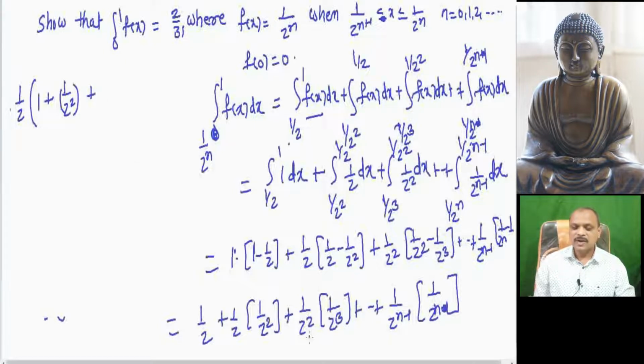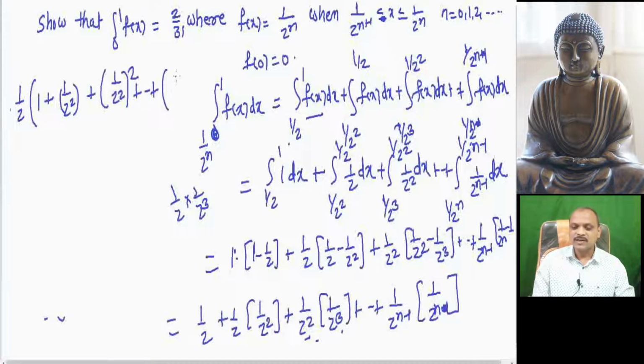Here we have taken 1 by 2 common, we get 1 by 2 and 1 by 2 raised to 3, 1 divided by 2 raised to 4, and we write it as 1 divided by 2 square whole square, plus.